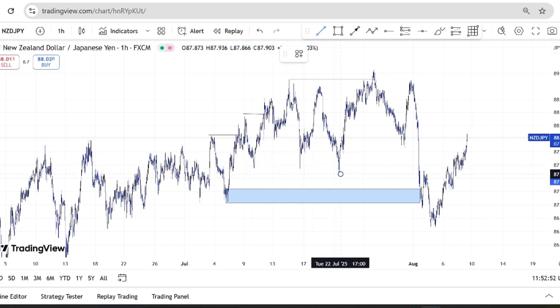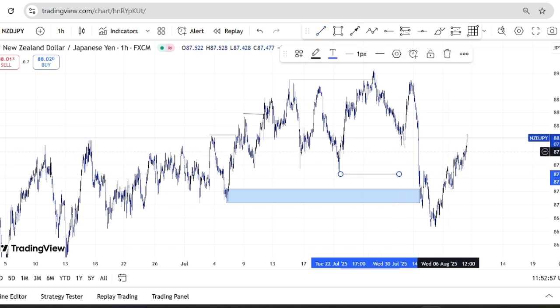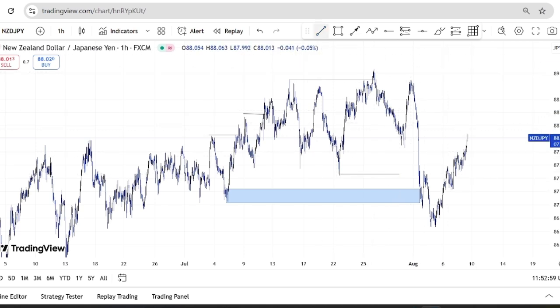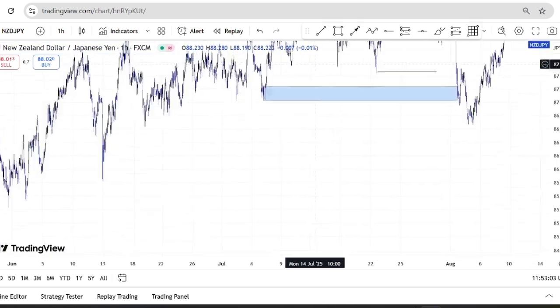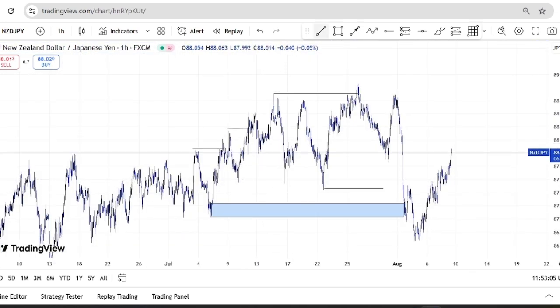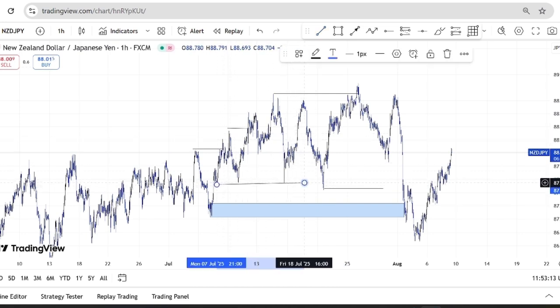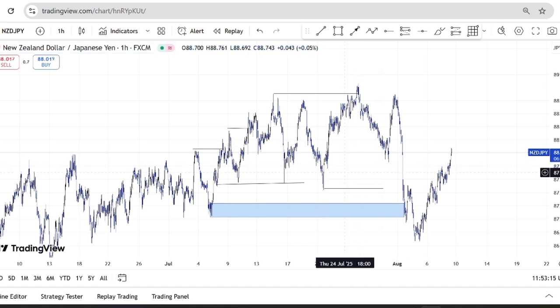Also, all of this liquidity was taken out by that particular point. Now, for the fact this liquidity was taken out, a lot of persons will consider this point as their order block, where you also had a break of structure to the upside.